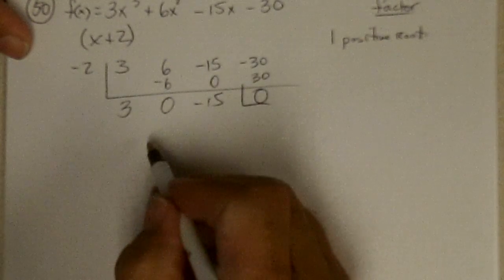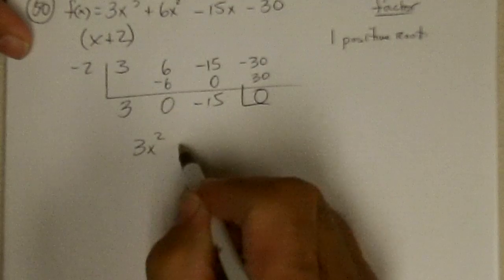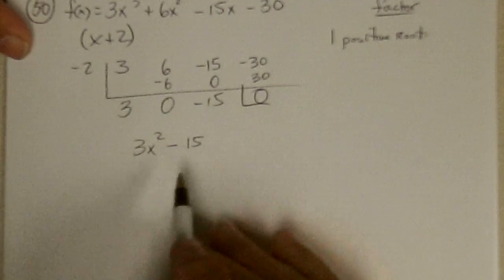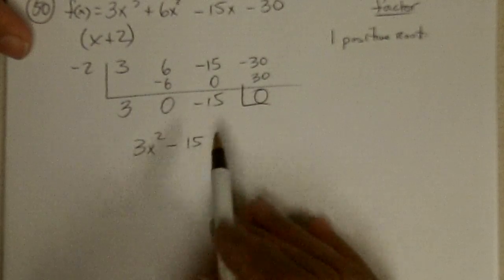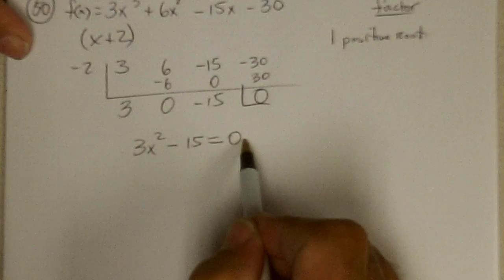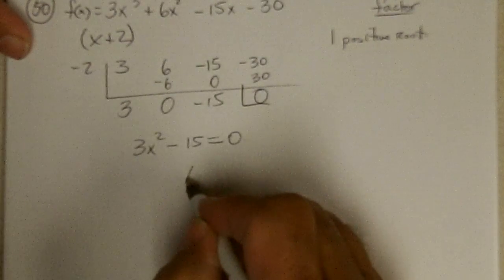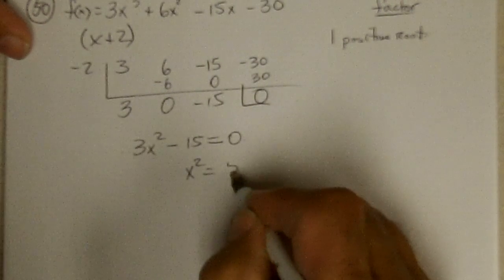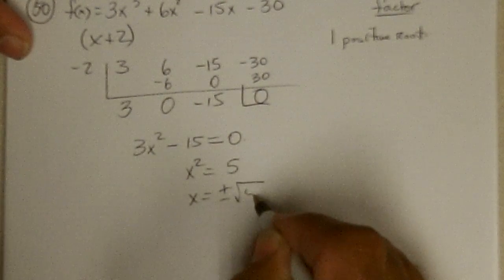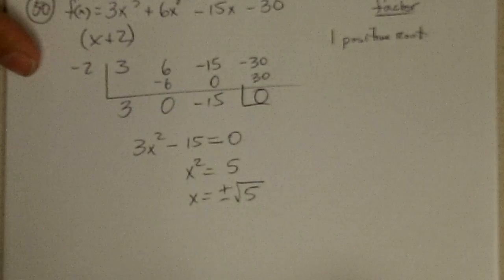And I'm left with 3x squared minus 15. And I can put that into the quadratic formula, but I can also, if I'm trying to get this to be equal to 0, add 15 and divide by 3, and I get x squared equals 5, and x equals plus or minus the square root of 5. That's the other two zeros.